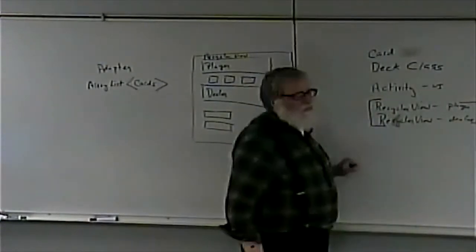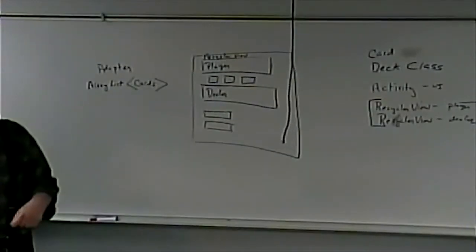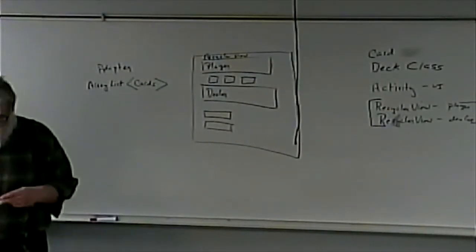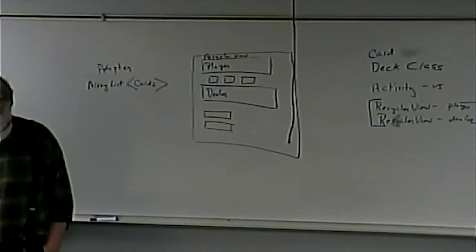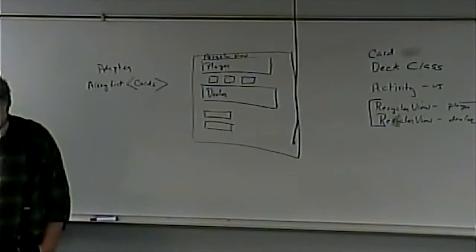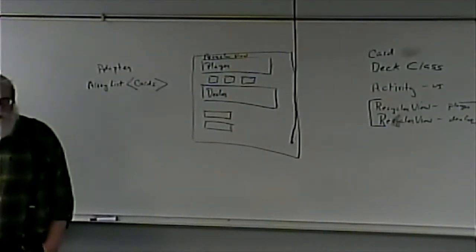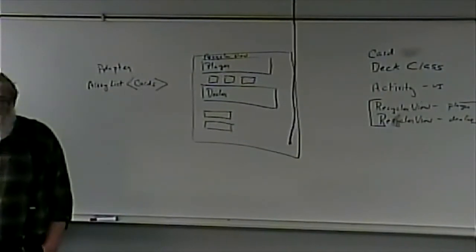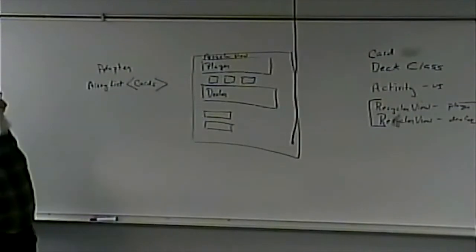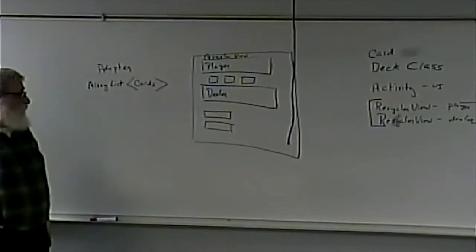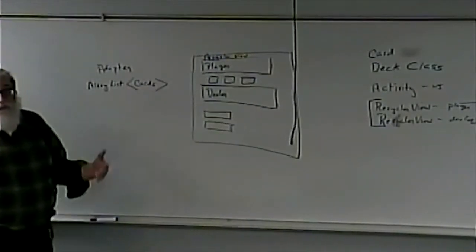Will we create two separate classes for these recycler views? A player recycler view and a dealer recycler view? Or are we going to just create a single recycler view and then use it two times? Anyone disagree with that? You can do it either way, right? But my thought is, when I look at this and when I think about this, all right, the way these two recycler views behave are the same.